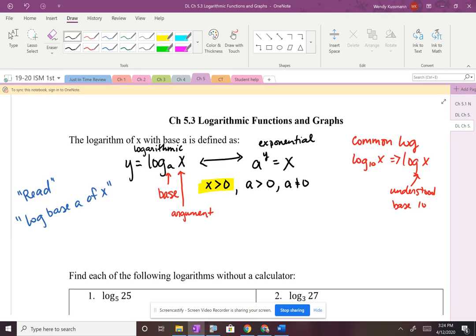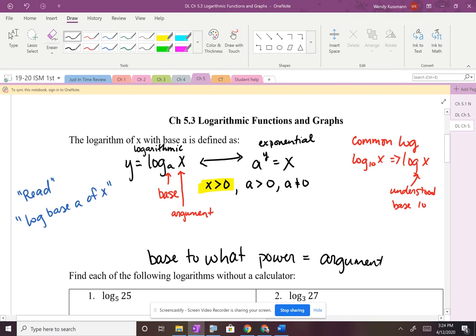Now again, the logarithm is just another way of asking this question: the base to what power equals the argument? That's the biggest thing.